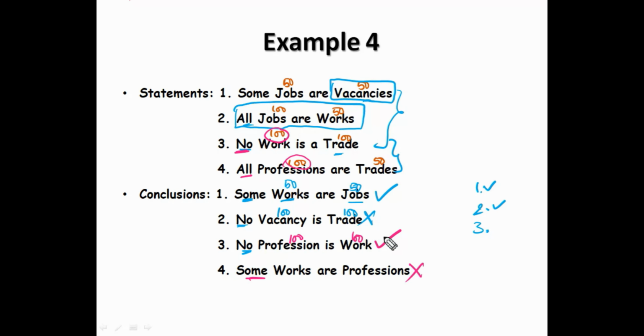But see, already the third conclusion itself is satisfying 100%. Then we don't need to combine these two. That's why there is no either or case. So the answer for this question is only conclusion 1 and 3 follows. Only conclusion 1 and 3 follow. Right.